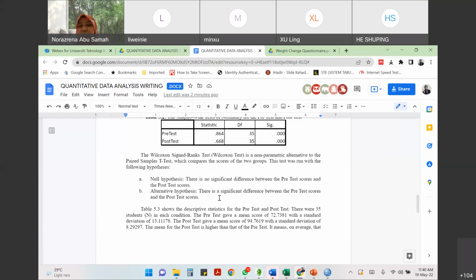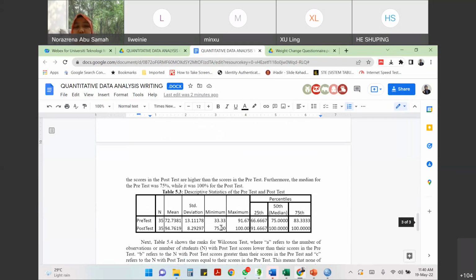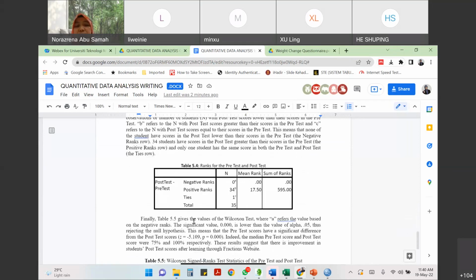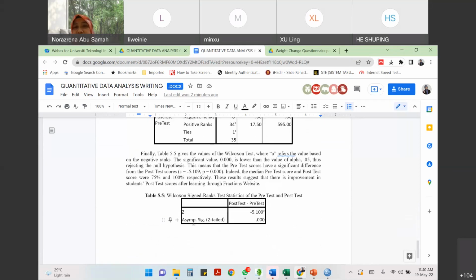Yes. Okay. By the way, the hypothesis is only in this chapter. Because sometimes there is a requirement that you have to write the hypothesis in chapter 1, right? Okay. But for this one, no need to write the hypothesis in chapter 1, no need. You just write it here because it helps you to conclude your data.